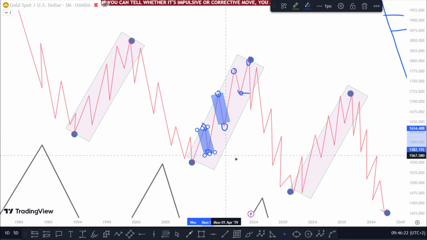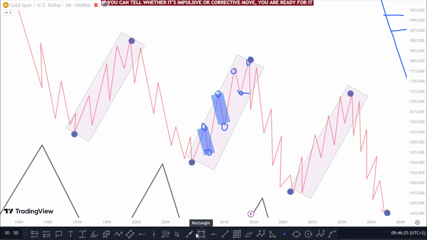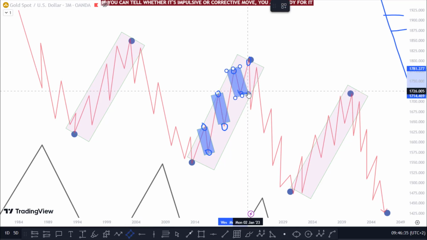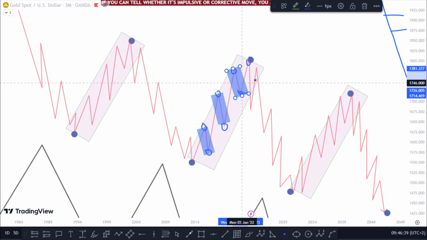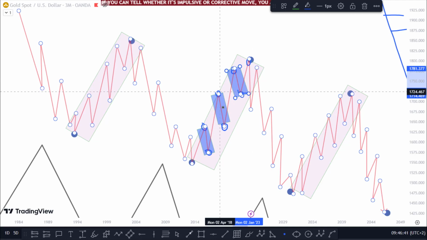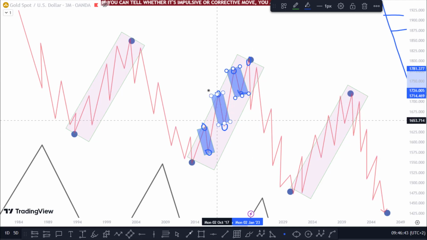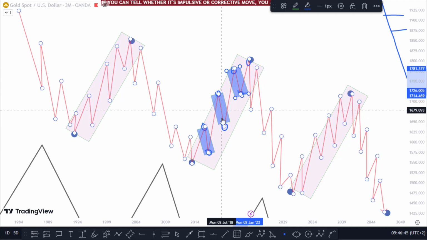Do you see that, guys? This is helping you understand basic structure and time frame. This is your weekly corrective move, or your weekly pullbacks, if you can say.